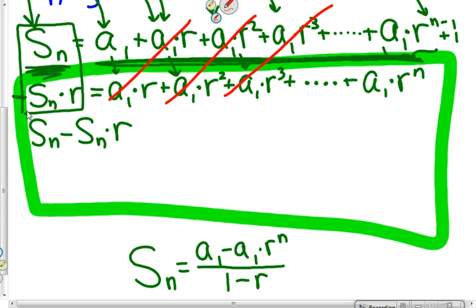These continue to eliminate. They continue to cancel until who in this line is sitting right in front of this guy? Plus A1R to the n minus 1. And I'm about to do what? Canceling. So who is left standing in this entire sentence?